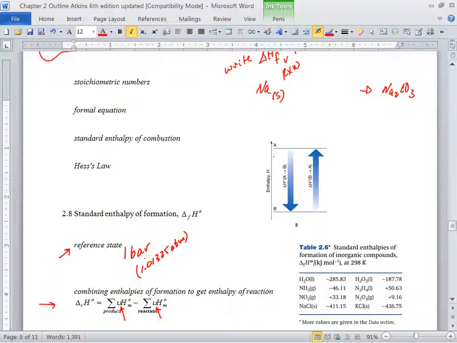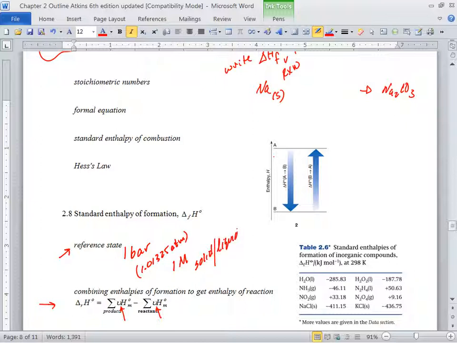If it's a solution, it needs to be 1 molar. Let's see, what else was there? Gas. We're kind of skipping around here. Oh, if it's a liquid or a solid, it needs to be pure.